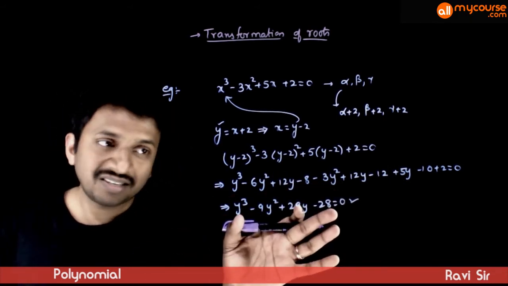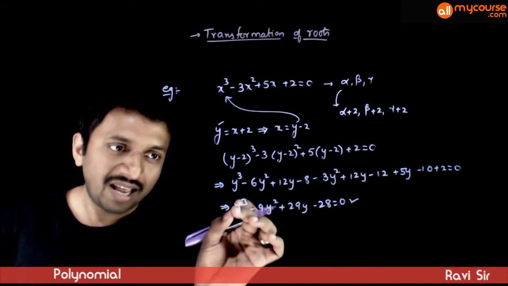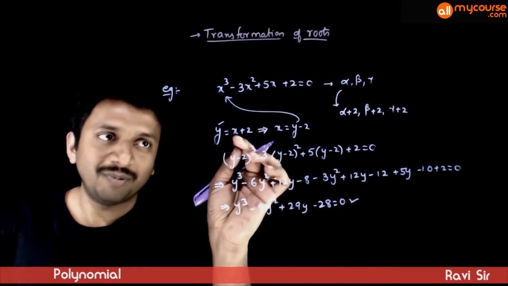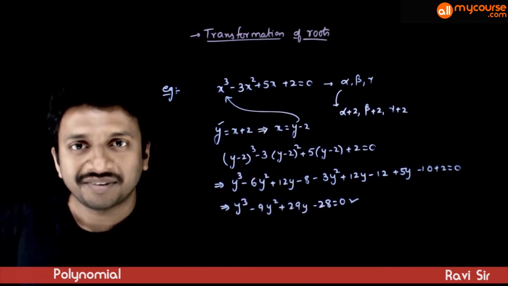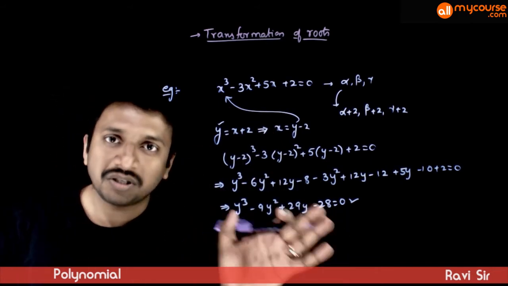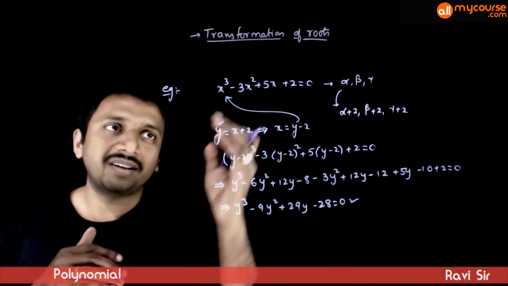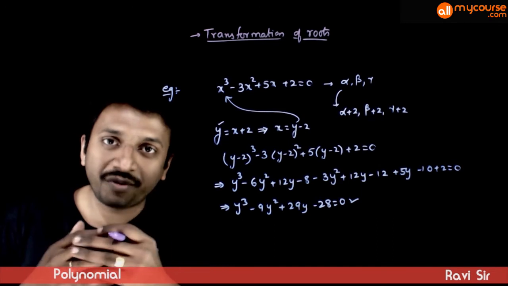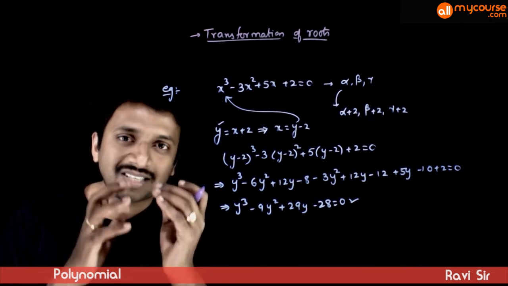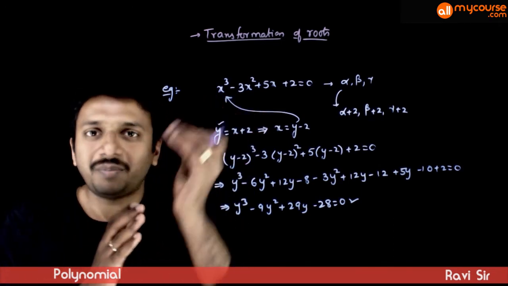So this is a condition in y, and y is nothing but x plus 2. That means if x is a root of this, x plus 2 will be a root of this. So this is an equation whose roots are 2 greater than the roots of this equation. So I hope you understand what we are doing. We are just substituting the reverse function in the place of x.